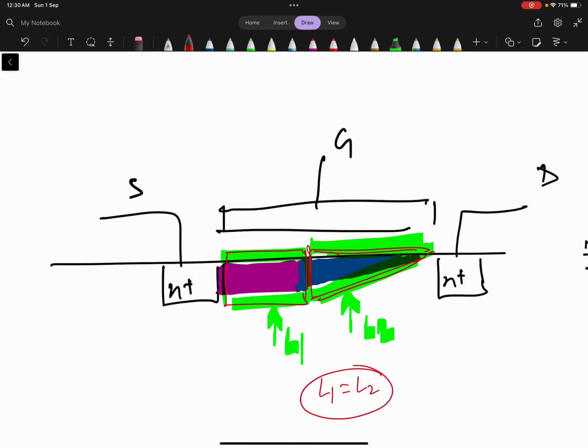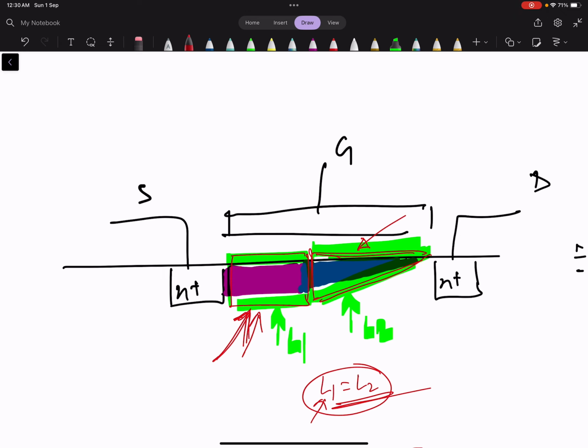So total L is being split into different Ls such that the one which is tapered is separated, and the others which are rectangular have been separated. Only condition is this L1 should be equal to L2.